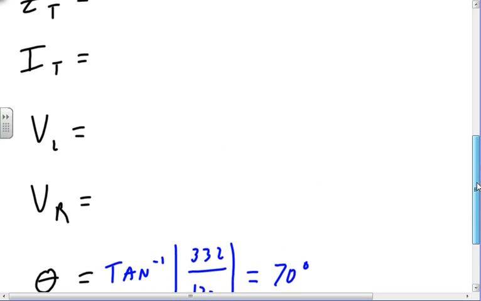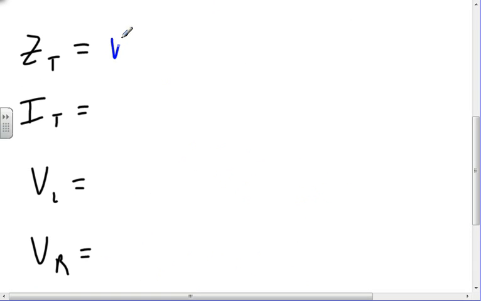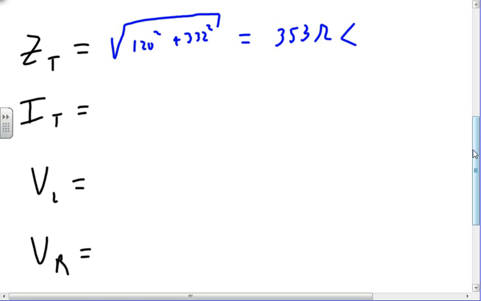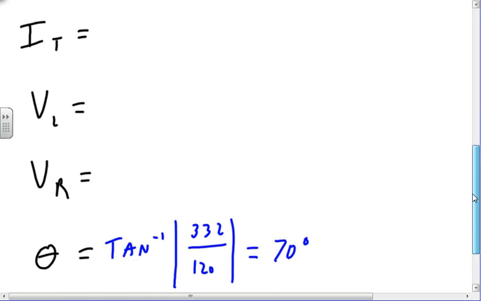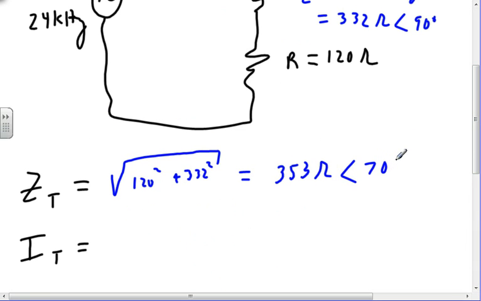All right. So now we're going to calculate the impedance next. Square root of 120 squared plus 332 squared equals 353 ohms at an angle of 70 degrees, which is exactly why Raimundo told us to calculate the angle first, because we're going to need it in the other things.